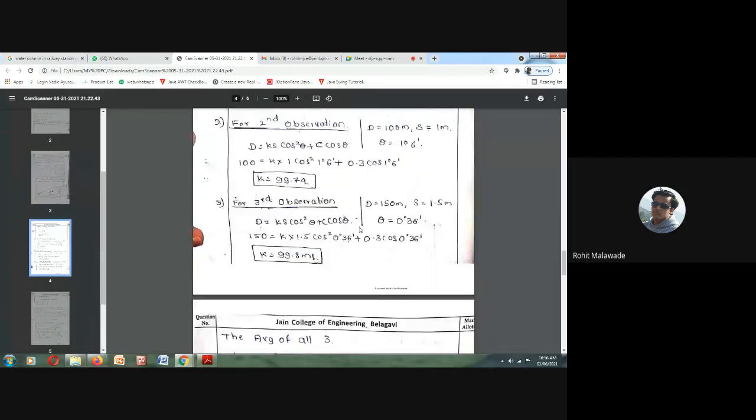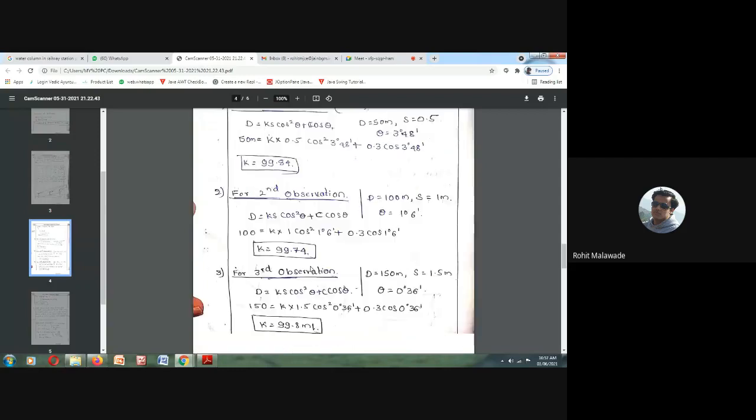So D is 100, S is 1.5, theta is 0 degree 36 minutes. K is what we are solving for: S is 1.5, cos square of 0 degree 36 minutes, plus C cos theta, 0.3 cos 0 degree 36 minutes. So the K value we are going to get is 99.8.